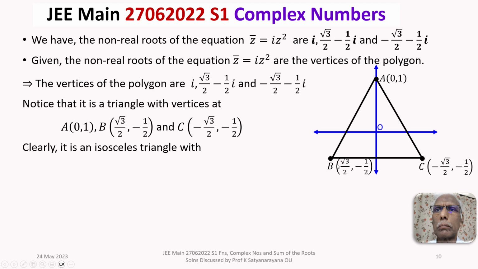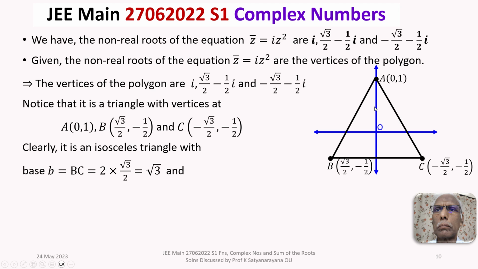The base BC is the distance between root 3 by 2 and minus root 3 by 2. That is the difference only, that is mod of minus root 3 by 2 minus root 3 by 2, that is 2 times root 3 by 2, that is root 3. So base b is equal to BC, that is root 3.